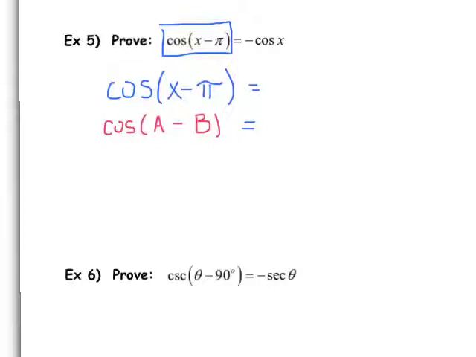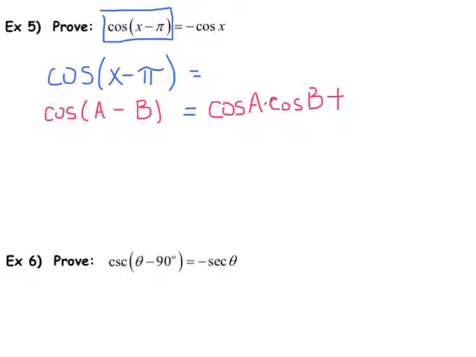The formula chart tells me do cosine of a times cosine of b plus sine of a times sine of b.